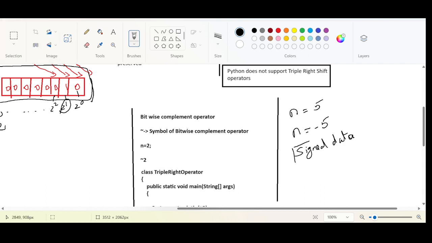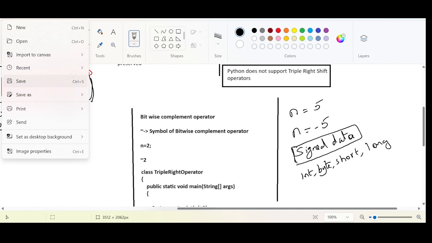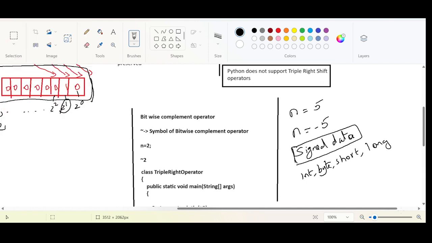So I want to use the signed data types. In Java, all the primitive data types except char are signed. For example, int, byte, short, and long are all signed data types. Very simple, guys. For the signed data types, let us take a simple memory block.